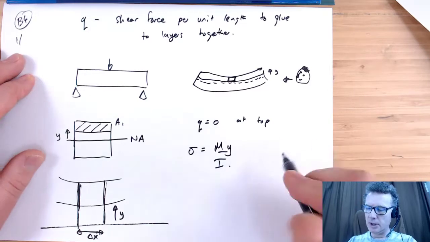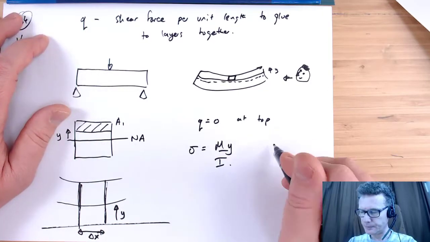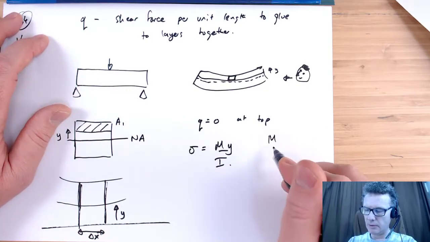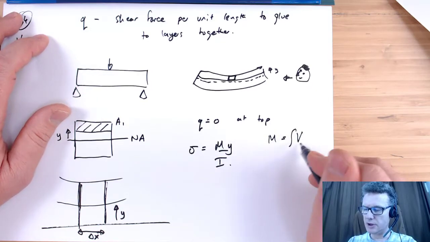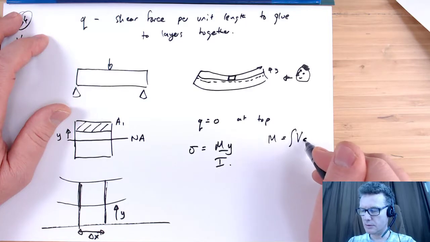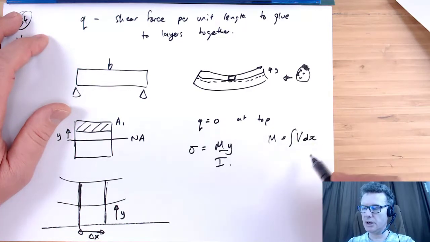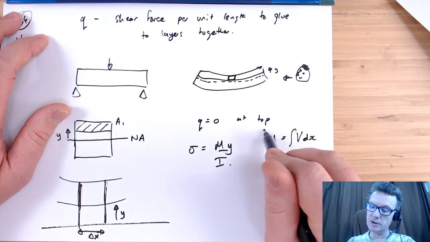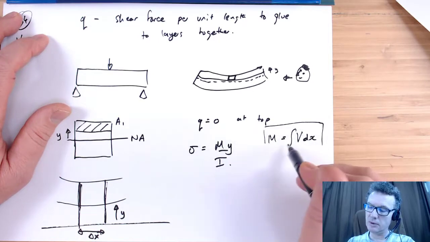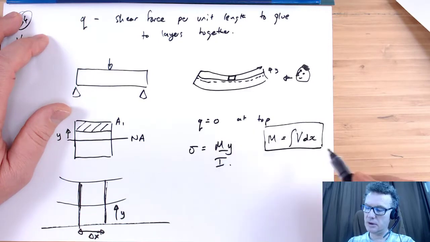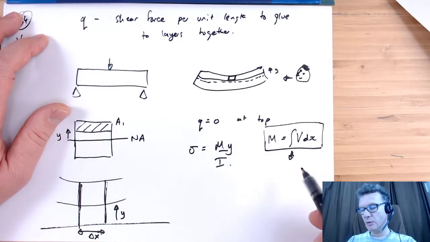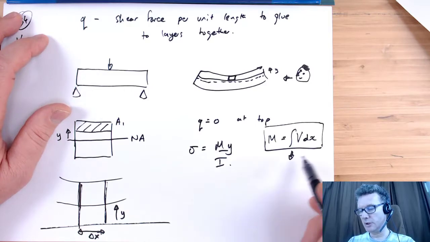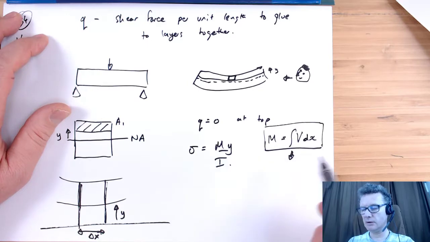I'm thinking I'm going to need the M, which is the integral of the shear force with respect to x, and probably I need to do another derivation for why that is the case, but we'll skip over that for now. So put a request in if you want me to derive that. I can't recall off the top of my head.